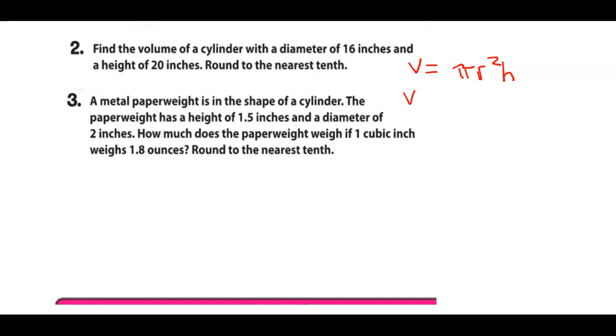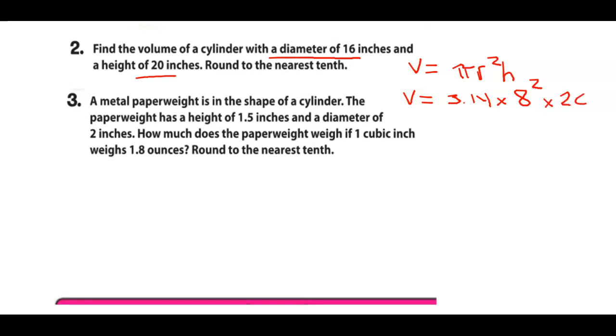We're just going to fill in the blanks because it's easy. 3.14 times the radius. Now the radius is halfway across the circle, the diameter is all the way across. So all the way across is 16. That means the radius is going to be 8 because that would be halfway across the circle. Okay, they're talking about the top there. Times 8 squared times the height, and the height is going to be 20.